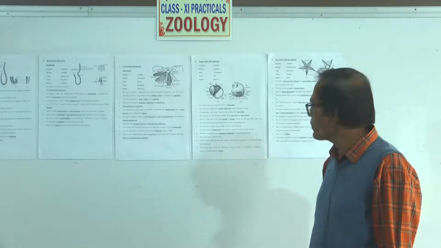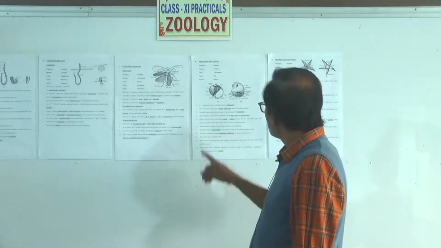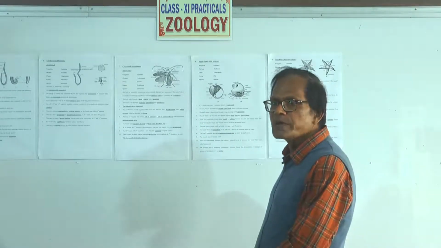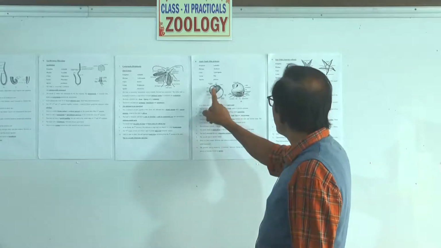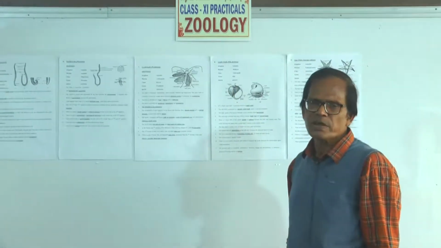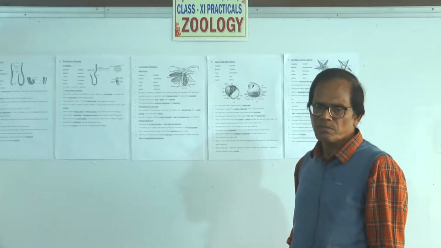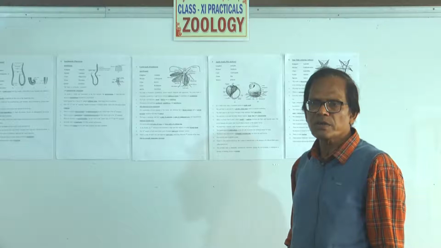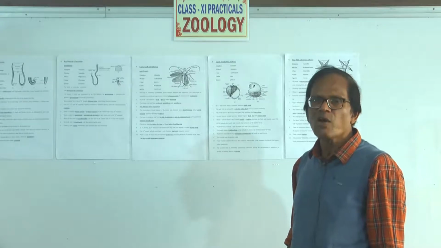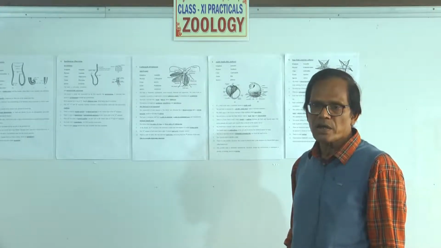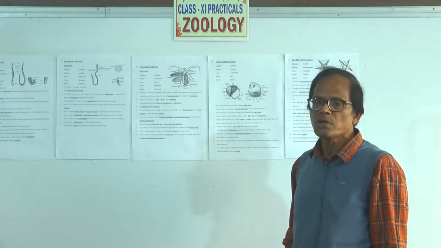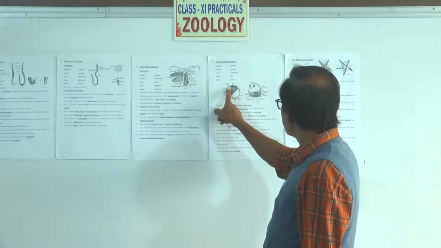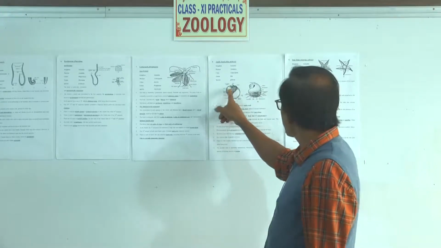It lives in fresh water. The body is very soft and delicate. It's covered by a shell. All of you must have seen snails, and all snails have a shell of calcium carbonate, a calcareous shell, covering the soft body parts. So this is the shell from outside.